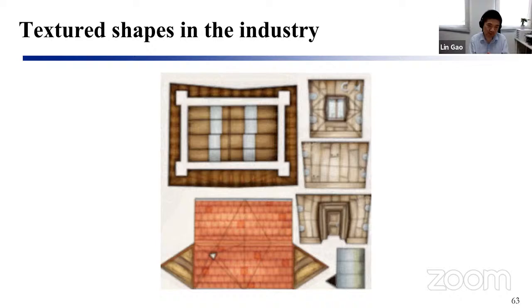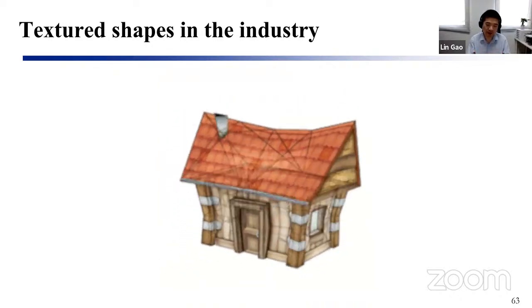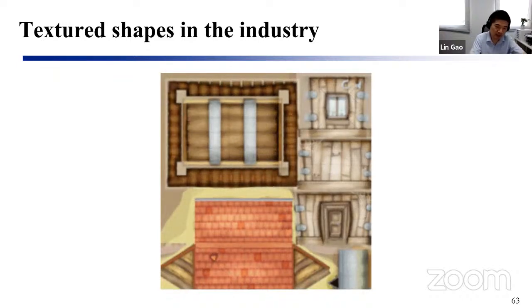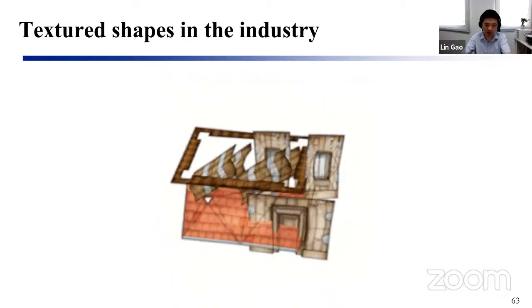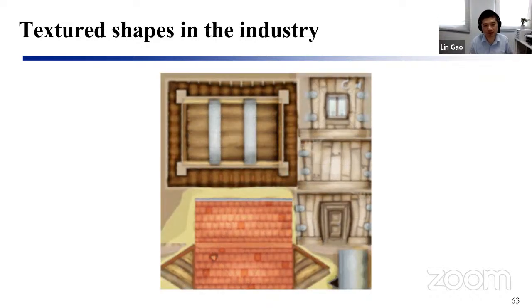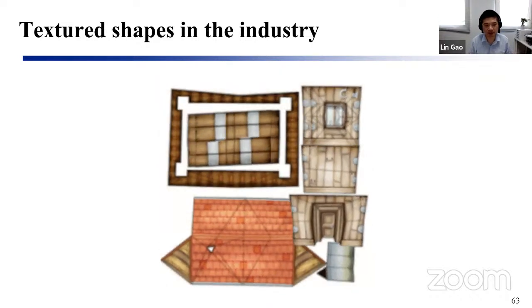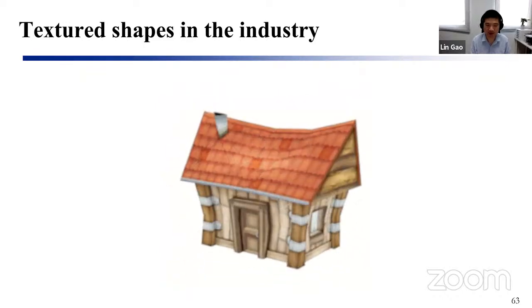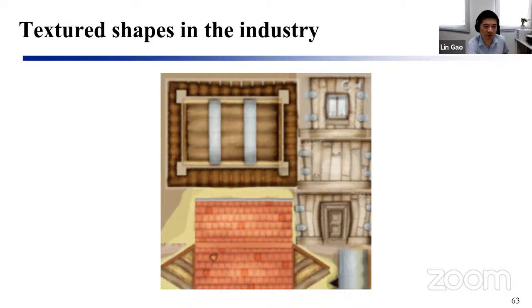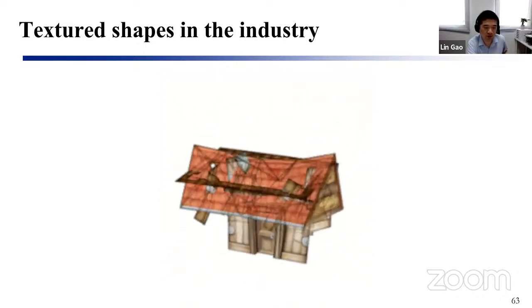We need to decompose the shape into patches and do the UV mapping of the mesh patches to the image domain. This is very common in industry, also for texture mapping. We call it texture mapping, but for generative models, it's not so common.